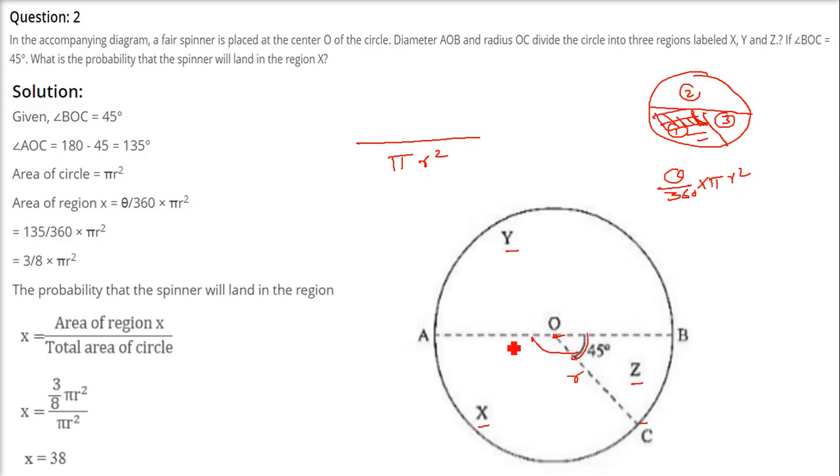If this is 45 degrees, this whole is 180 degrees, so what will be this angle? 180 minus 45, that is 135. Theta will be 135. 135 by 360 into pi r square, so this will be 3 by 8. Just put 3 by 8 pi r square here. The pi r square gets cancelled, so the probability is 3 by 8.